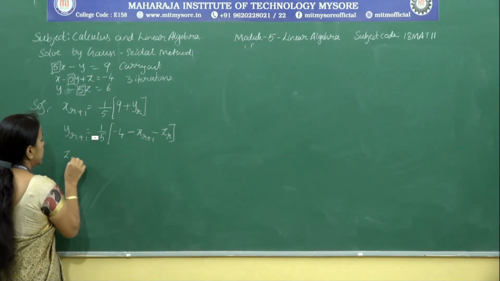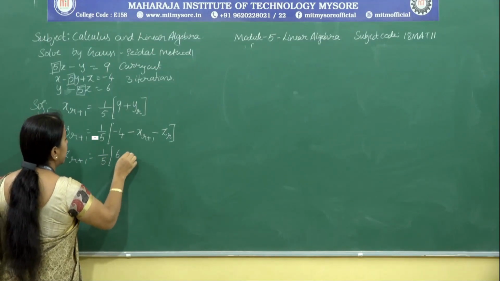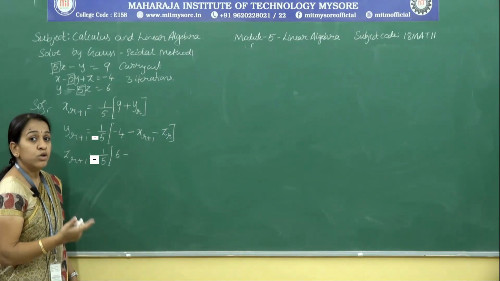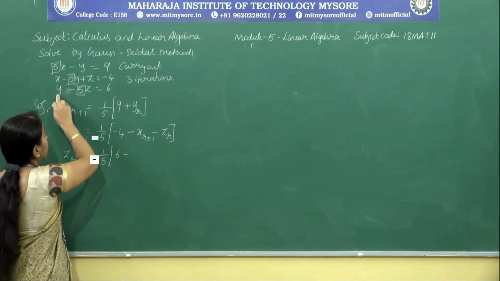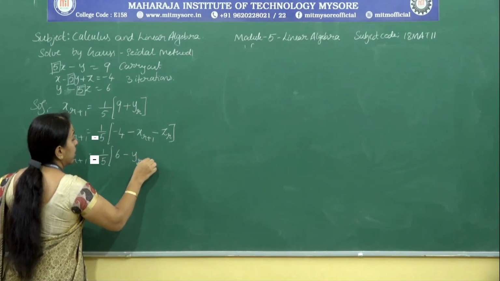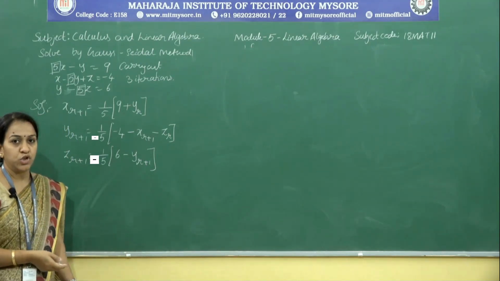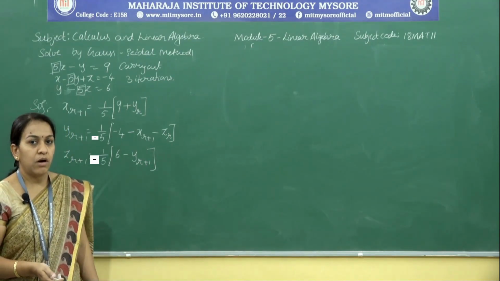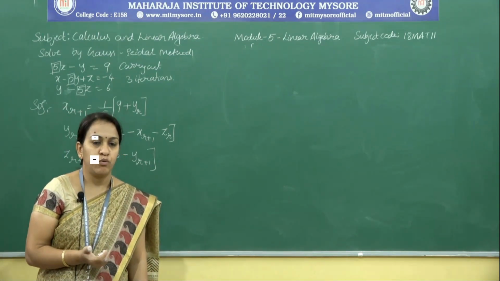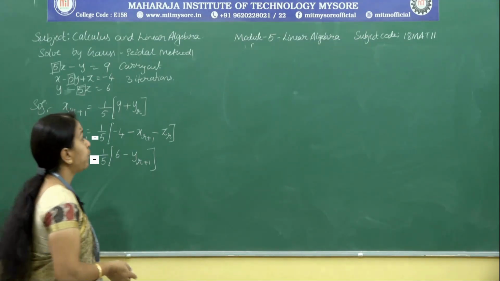And the last equation z(r+1) is 1 by 5 into 6 minus the coefficient of x, we do not have x, so it is 0, and the coefficient of y is 1, so 1 times y(r+1). So this will be your equation. So the formulas to find x, y, z are ready. So I can construct the table now.